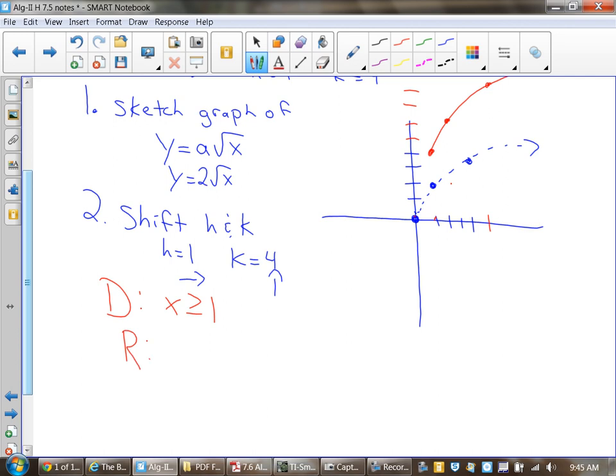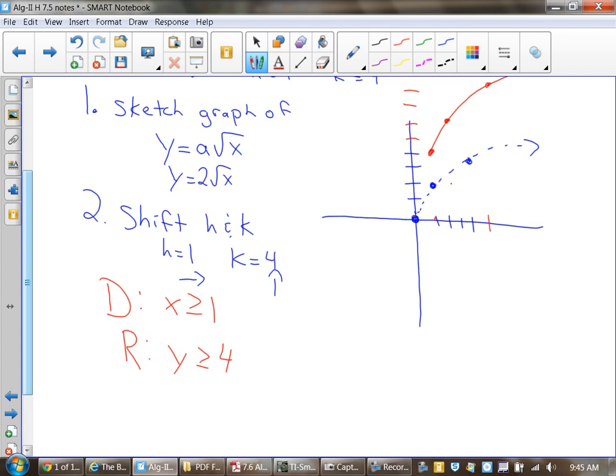And what would your range be? Greater than or equal to 4. Good. The range is going to be the y values that are greater than or equal to 4. That's basically it. Your domain is going to be all values that are greater than or equal to 1.